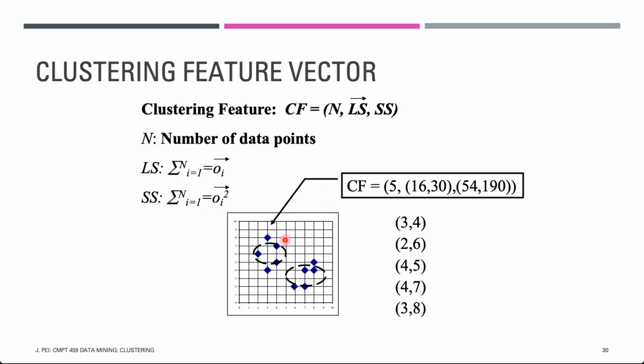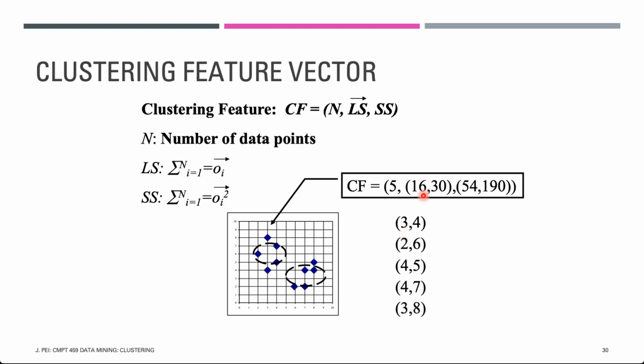So, for example, here we have one cluster, and those are the values of the points assigned to the cluster. And then the CF, the clustering feature, starts with 5 because in total we have 5 different objects.